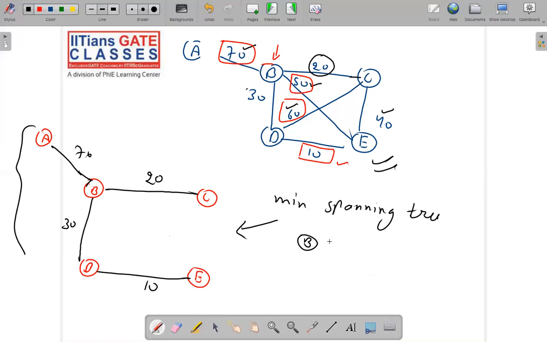Then we explored this one, 20 C, in the second pass. This is connected, right? There is no other node. We are not considering each and every node right now; we are considering the explored nodes. Once you explore a node, it's already a part of that intermediate spanning tree.